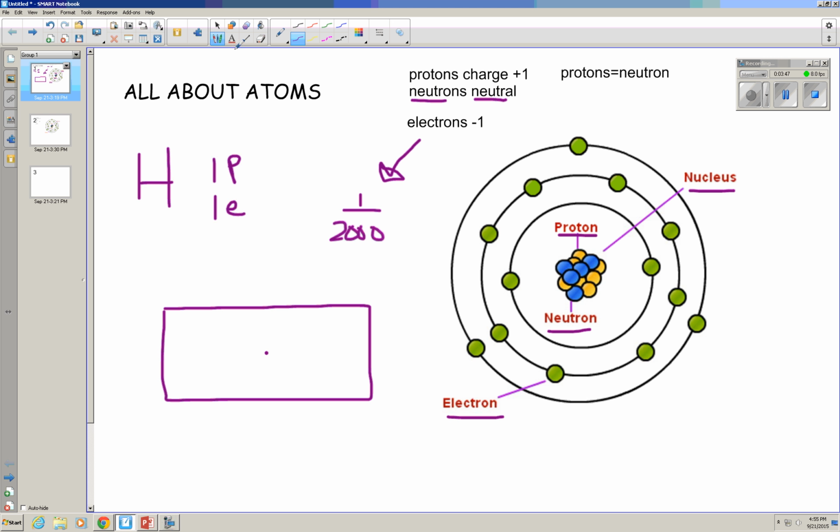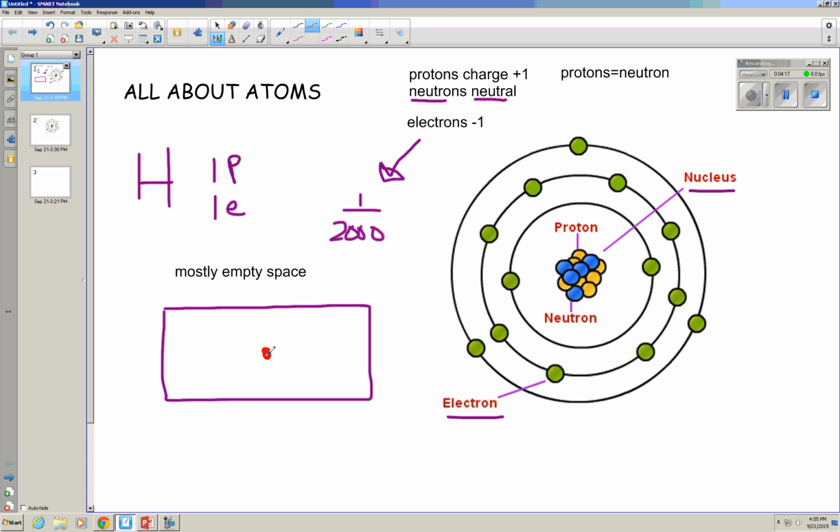The point that I'm trying to make right now is that atoms are mostly empty space. What I'm talking about is if you imagine the space between the protons and the electrons, this space in here, and even, to a certain extent, the space between the electrons. If you took the atom hydrogen and took a proton, and a proton is really small, so I'm going to use this color to represent a proton.